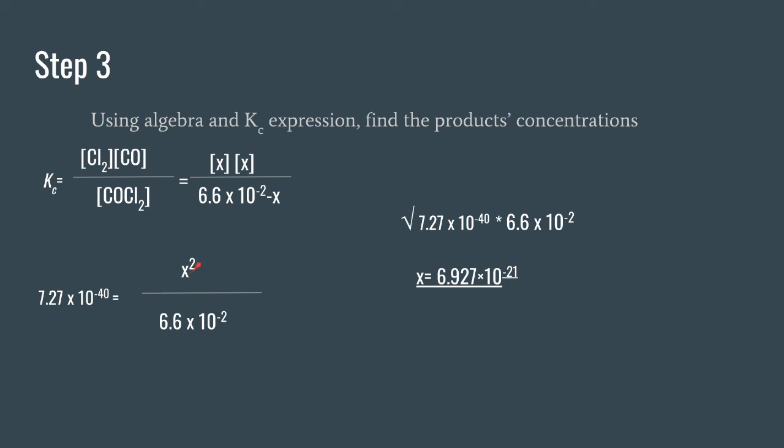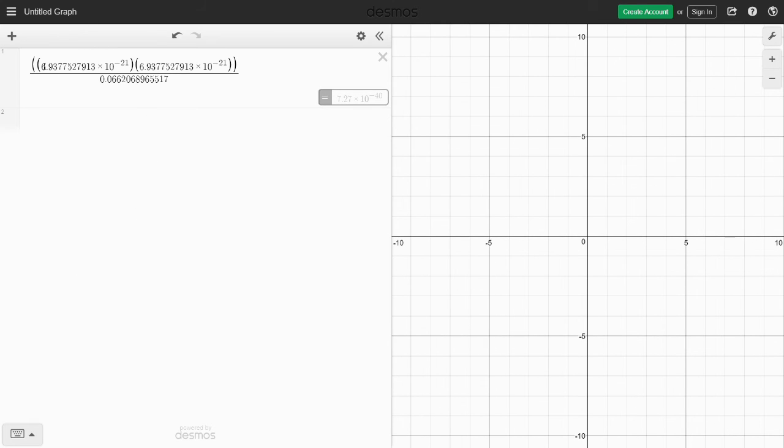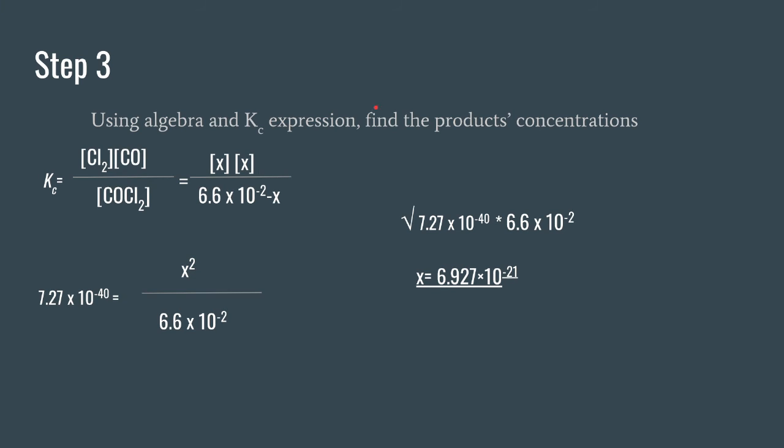If we plug that into here, we should have the same answer, which is the equilibrium constant. So if we do our math here, this multiplied by this, that squared over 6.6 times 10 to the negative 2, or 0.066, gives us the same answer as the equilibrium constant, 7.27 times 10 to the negative 40.